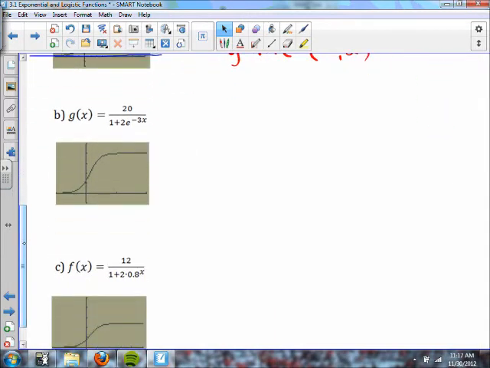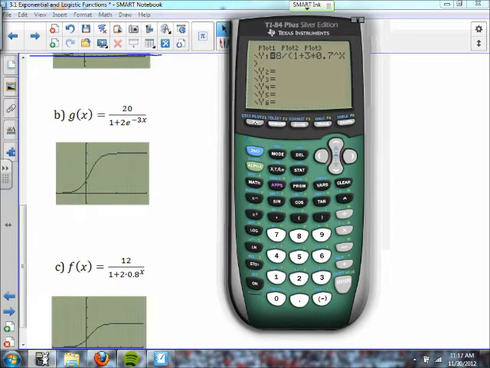Now, let's look at B. Again, let's graph B. 20 divided by 1 plus 2 e to the negative 3x. Now the window that I would use here is negative 2 to 4 and negative 5 to 25.